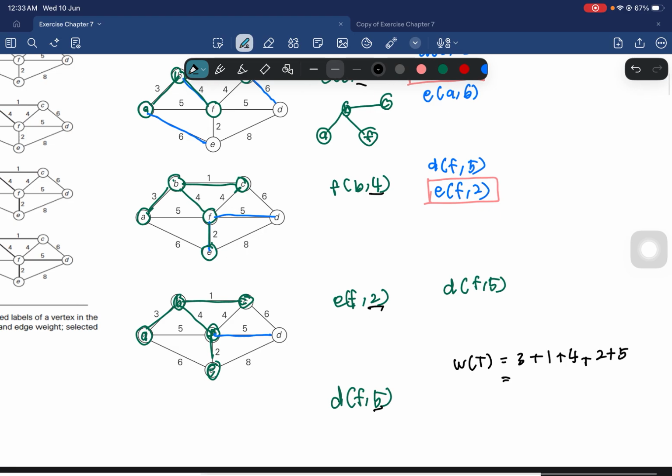We will get 15 here. Alright, we will get 15.